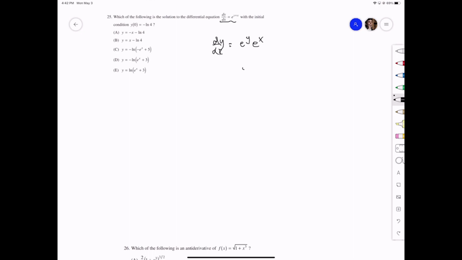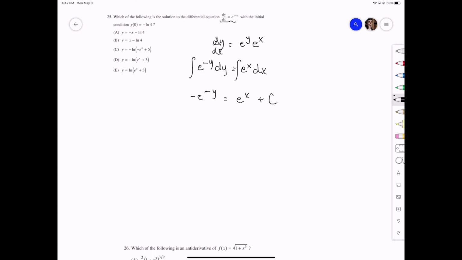So if you separate them, you get e to the x dx equals dy times e to the negative y. So if you integrate both sides, you get negative e to negative y equals e to the x plus c.